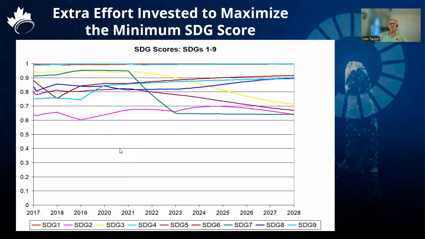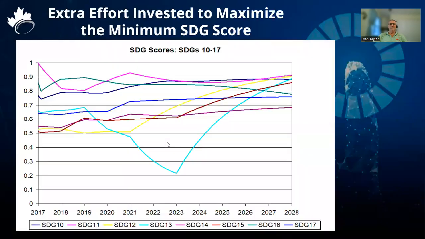And here's the results when we maximize the minimum score by applying this effort. And you can see here that SDG 7 has now started to improve. It was declining before, and SDG 13 has risen quite considerably. So climate action is being helped greatly by this extra effort.